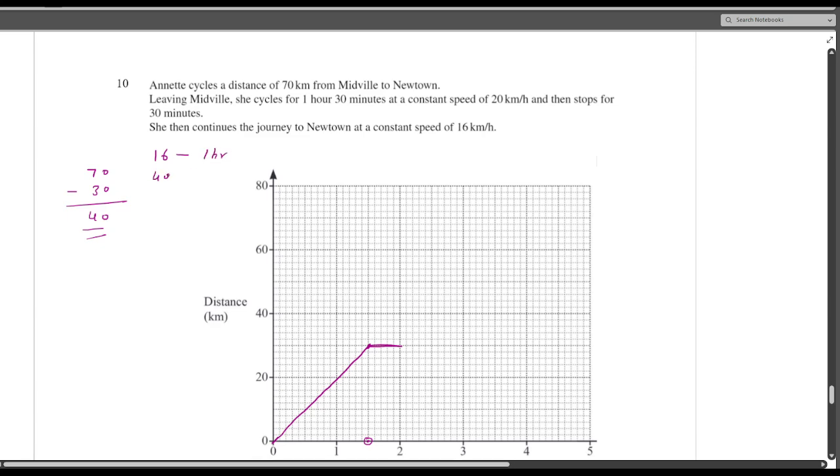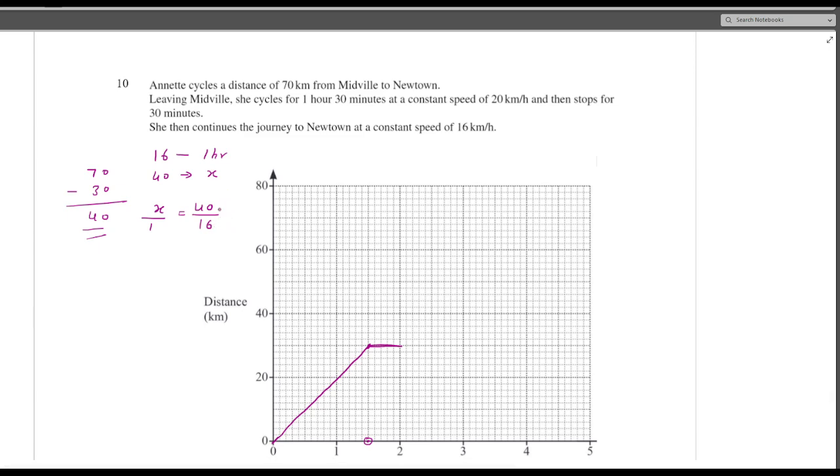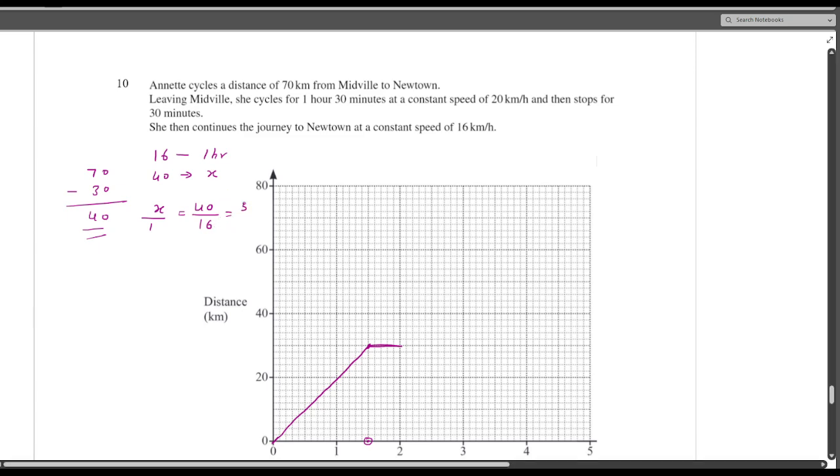So for 40 km, you will take X hours. So you will say that X divided by 1 will be the same as 40 divided by 16. So 40 divided by 16, with 8 you can cancel. 8 5s are 40 and 8 2s are 16. So this is 2.5 hours.